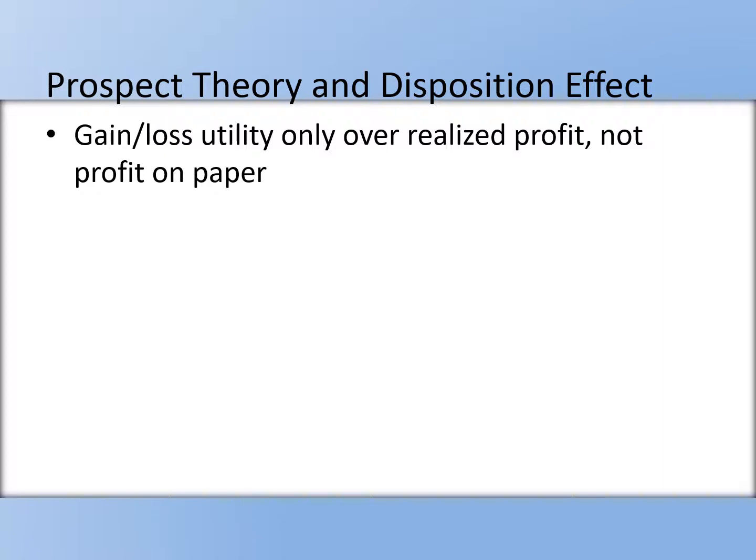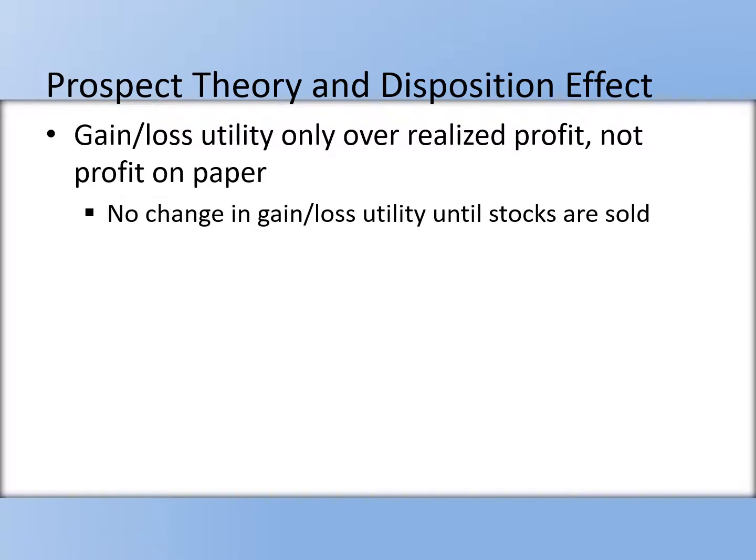That is, if they buy a stock and they never sell it, then there is no feeling of gain and loss. Right? I buy something, I don't trade it at all, then I don't feel any sense of gain or loss. So in finance, we would say the gain-loss utility is only over realized profit, not paper gains and losses.